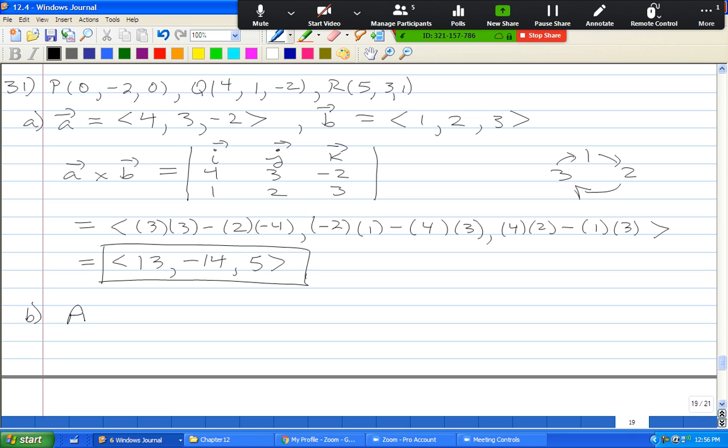Okay, so the area of the triangle determined by the vectors A and B, it's just going to be, well, half of this norm. And so let's figure out the norm, which is 13 squared, plus 14 squared, plus 5 squared.